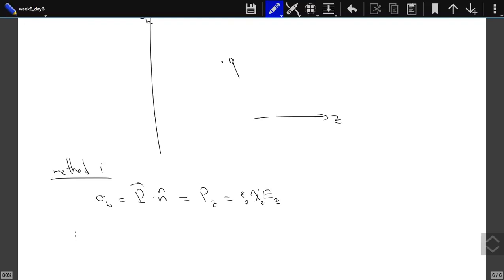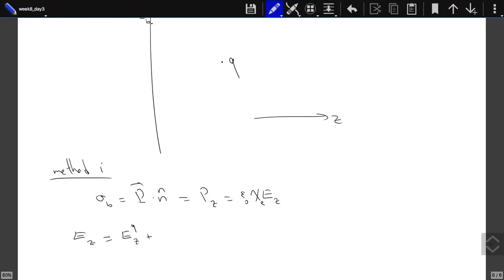Well, Ez will basically receive two contributions. One from the charge Q, the z component. Let me write it in this form, E_Qz. This is the electric field due to the point charge. Plus, there will be another component of Ez which will be created by the surface charges.